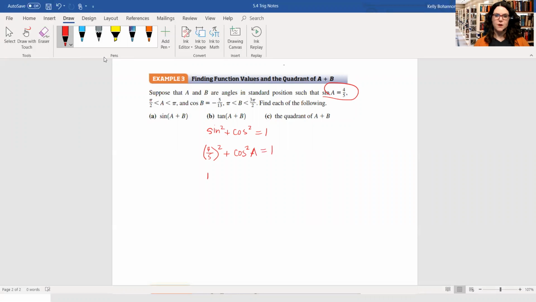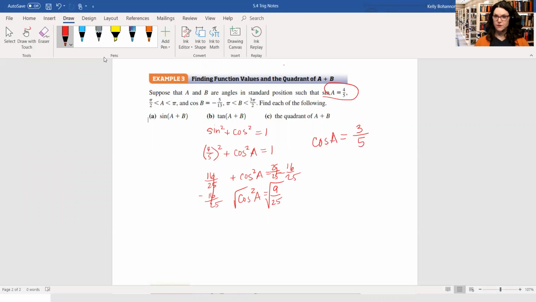I can go ahead and square that, and I get 16/25 plus cosine squared A equals 1. Subtract 16/25 from both sides. So that means cosine squared A equals, now you'd have to find a common denominator, 1 is the same thing as 25/25, and 25 minus 16 would be 9/25. Take the square root of both sides, and I get cosine A equals 3/5.